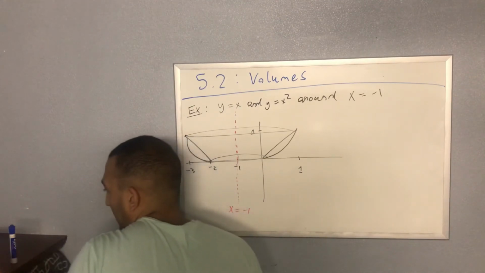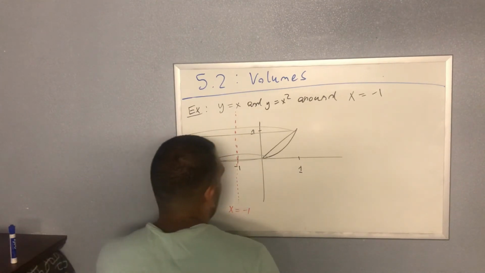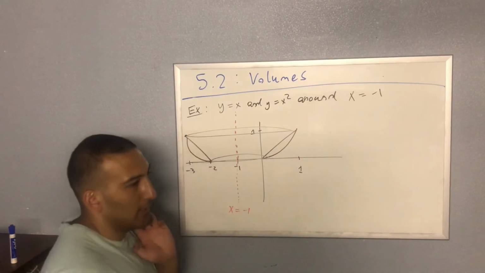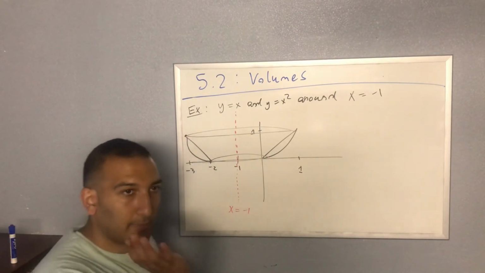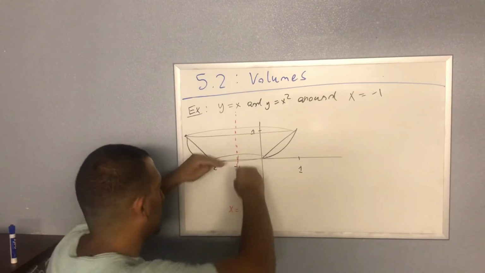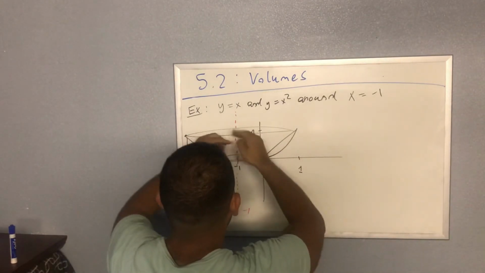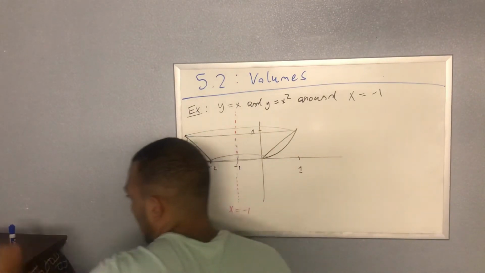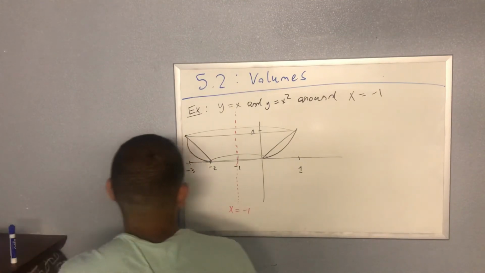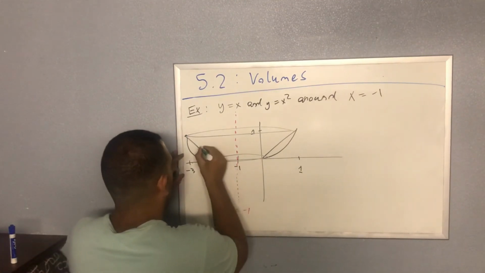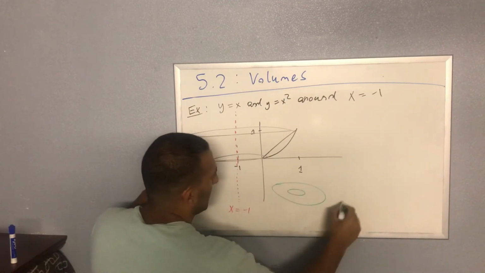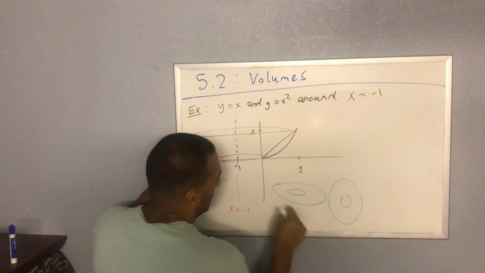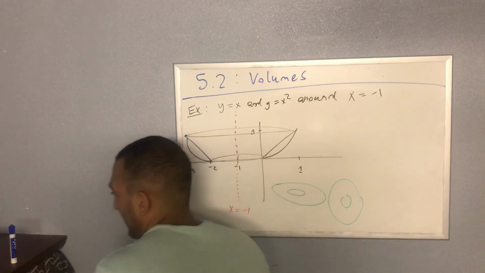And so we kind of need to do the similar case as with where we stacked the discs this way. As opposed to going up and down, we need our disc to look like this. So we'll have one disc. We'll get a washer again, except our washer will look like this as opposed to this. So our washer will be sideways.